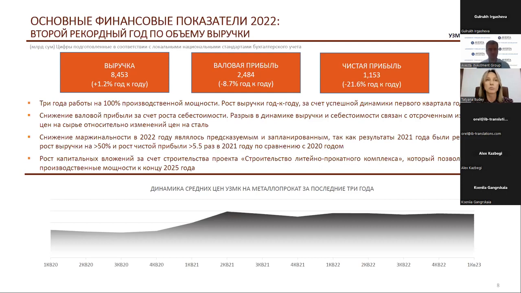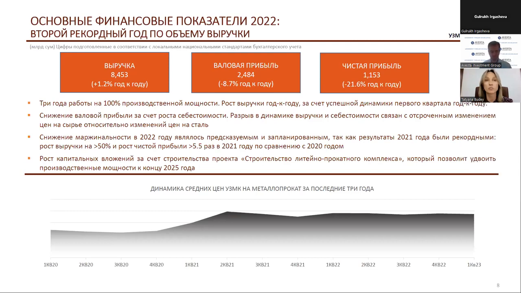Over to our financial metrics for 2022. The year was pretty good for Uzbek Steel. I must say, we kept operating at full swing, boasting utilization rates of 100%, and we were able to increase our revenue by 1.2% year on year. For a second year in a row, we hit our revenue record, and also the good performance was contributed to by relatively stable pricing.